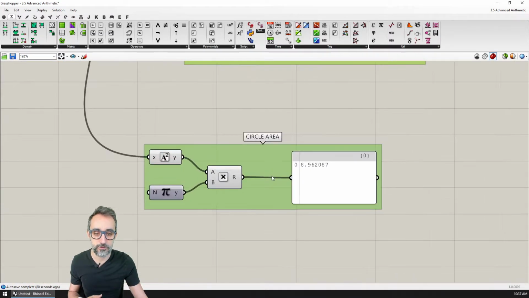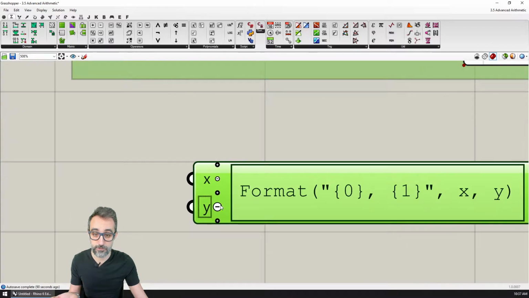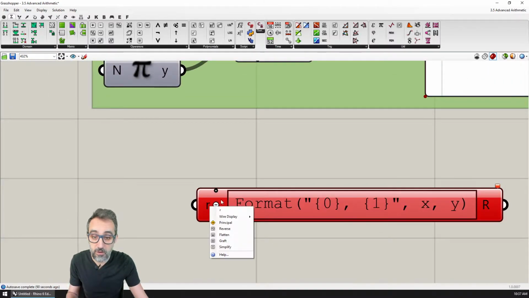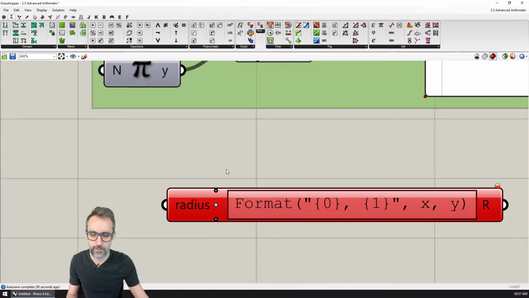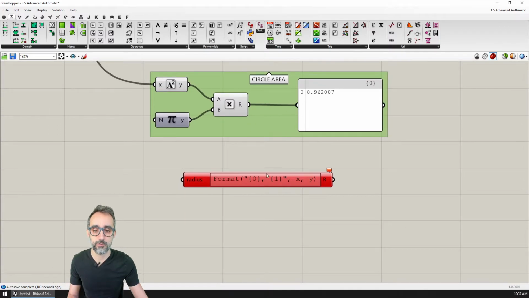Similarly, for the circle area, I could just drop an expression component and say, well, I also need the radius as an input. So I'm going to remove this. I'm going to change this to r, for example, or let's just call it radius, okay? And then in the expression, I'm going to mimic this part here.